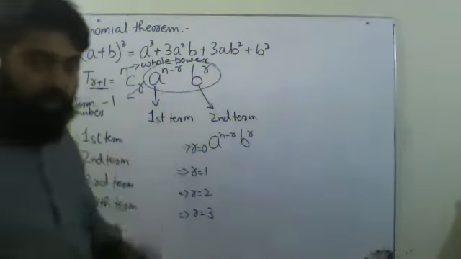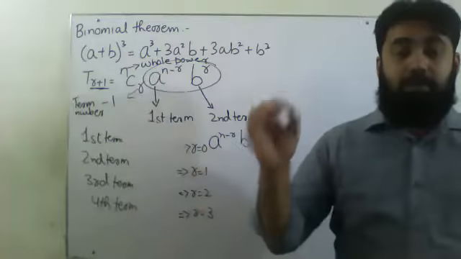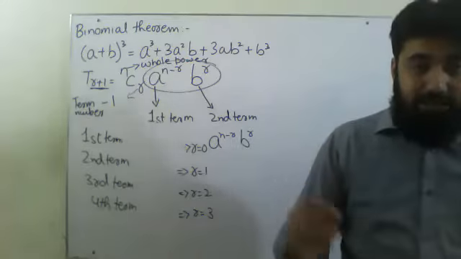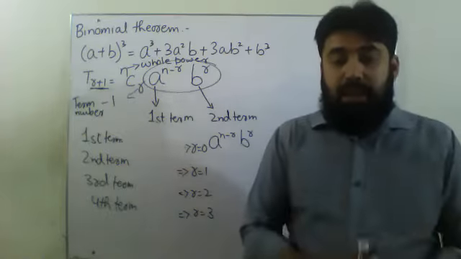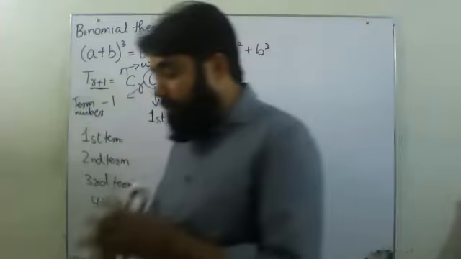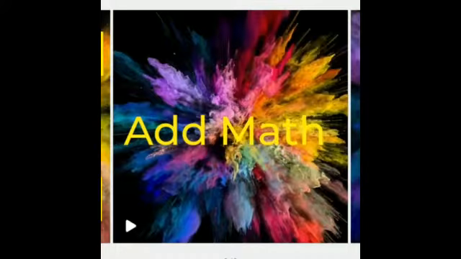If it's the fifth term, r will be 4. If it is the 17th term, r will be 16. Always one number less than your term number. That represents your value of r.